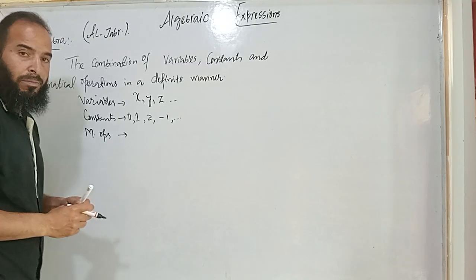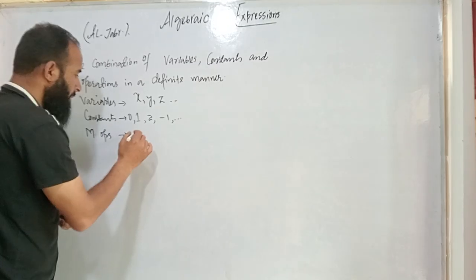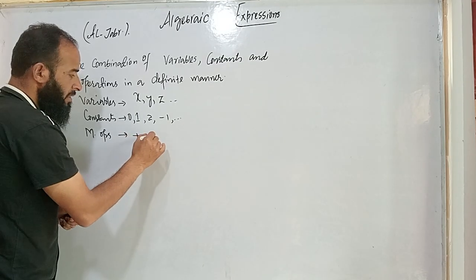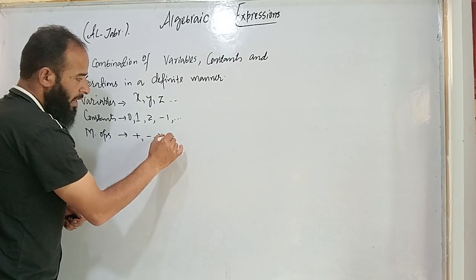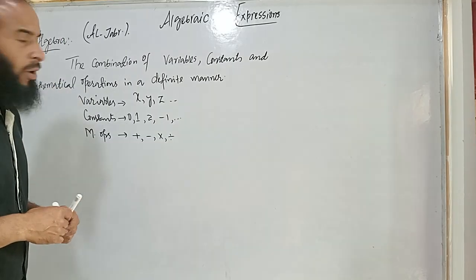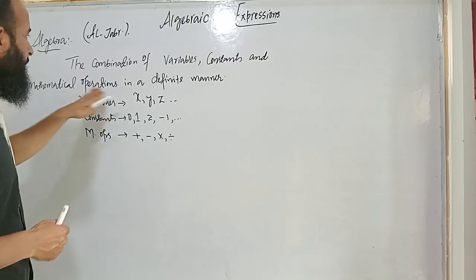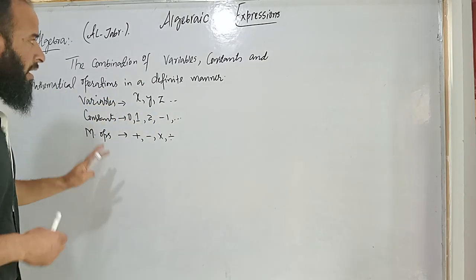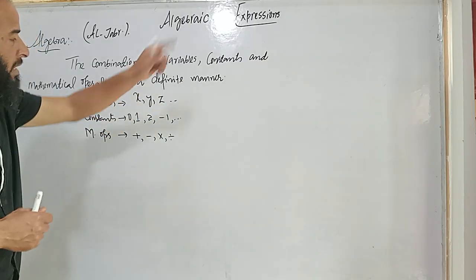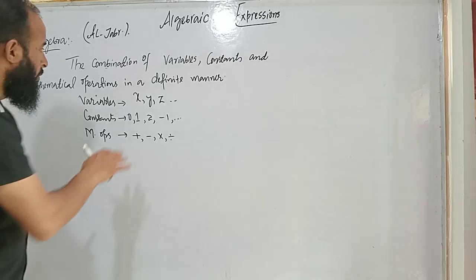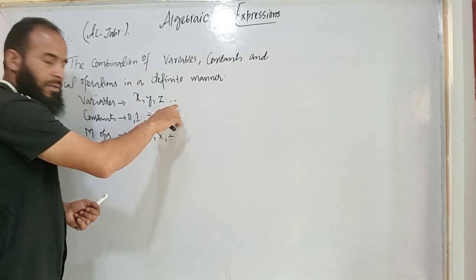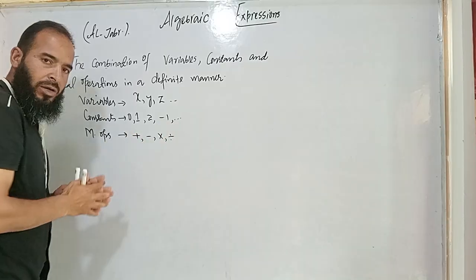We have the four main basic mathematical operations, that is addition, subtraction, multiplication and division. So the combination of variables, constants and mathematical operations in a definite manner is called an algebraic expression.